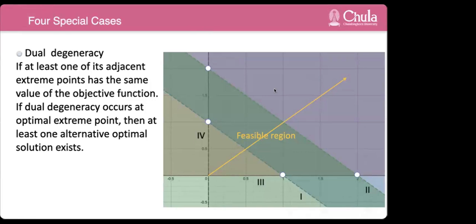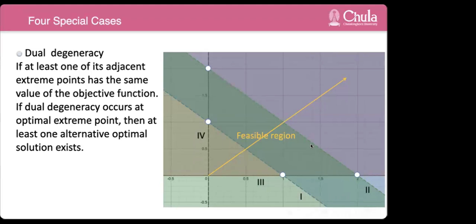Remember that this direction is the gradient, right? So what is perpendicular to this one is the objective function, right? And if the objective function is parallel to this constraint, what happens?